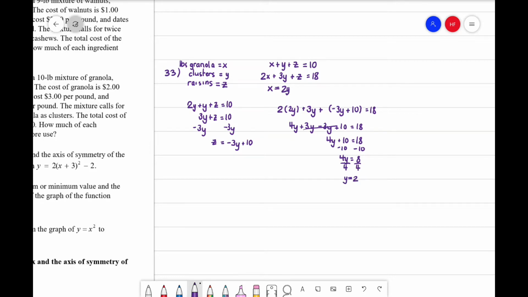And I know that I wrote the other 2 in terms of Y, so I can go back and plug that value in. So Z equals negative 3 times 2 plus 10. So Z equals negative 6 plus 10. Z equals 4. And I'll do the same thing with the X. X equals 2Y. So X equals 2 times 2, which means that X equals 4.